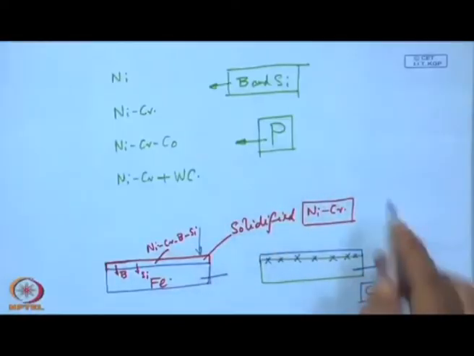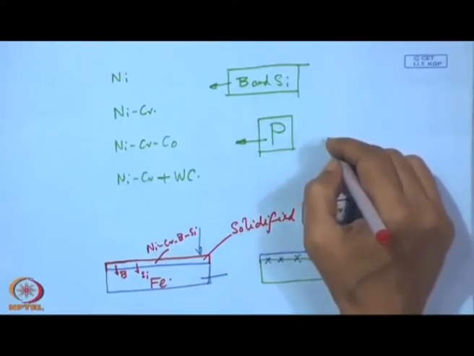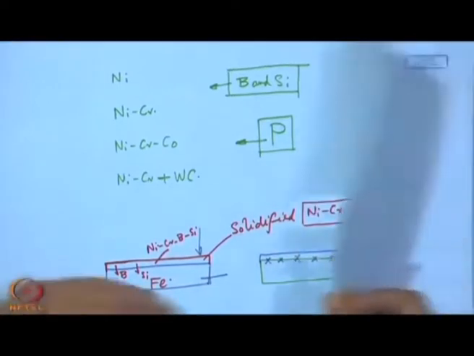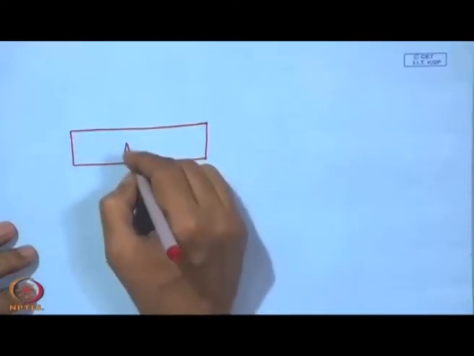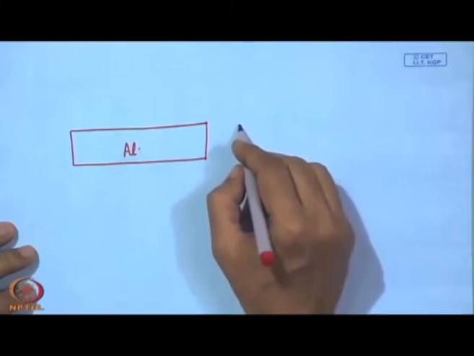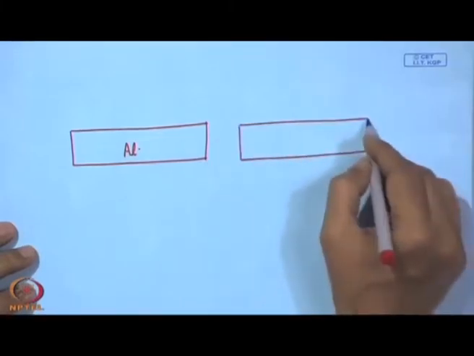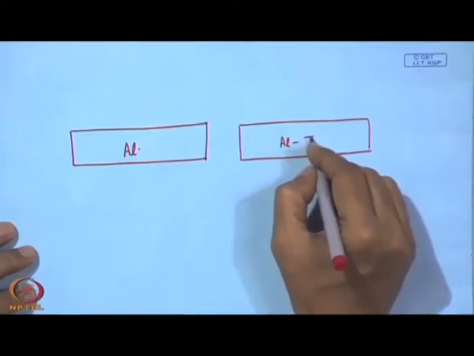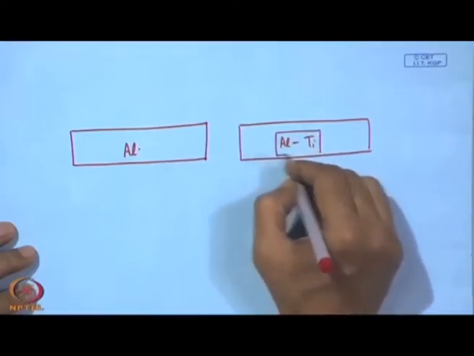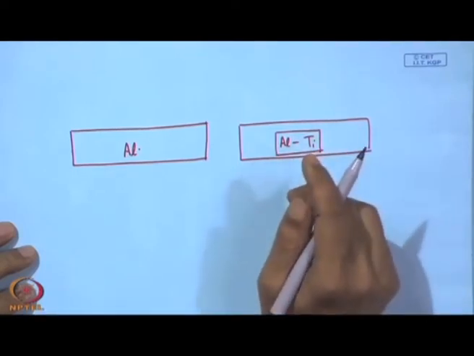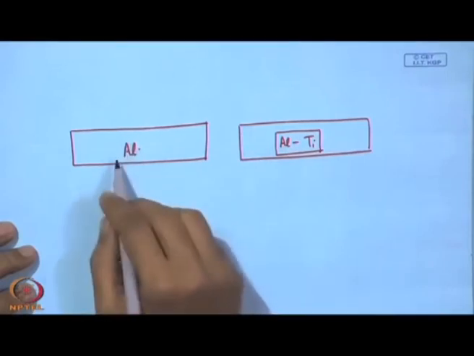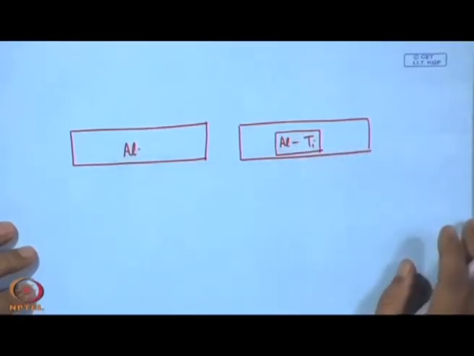what happens when we have a material like, for example, one alloy having aluminum as one of the components, or another alloy having aluminum and titanium in addition to other material. Aluminum and titanium are important ingredients here.